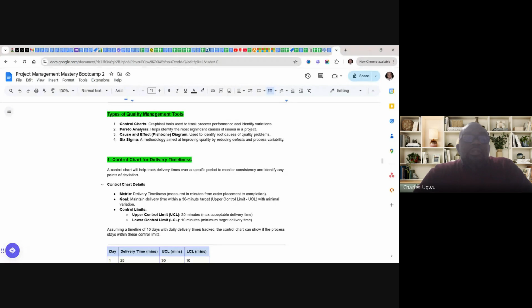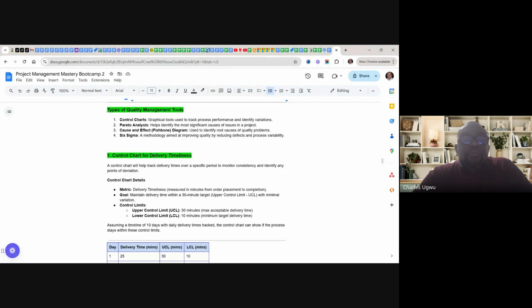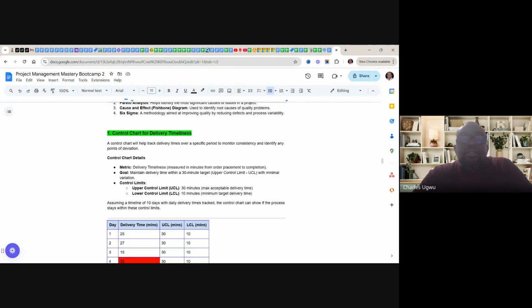Okay, let's look at the control charts for delivery timeline, looking at FoodTrackoo. A control chart will help track delivery time over a specific period to monitor consistency and identify any point of deviation. A control chart detail will have metrics. The metric is the delivery time.